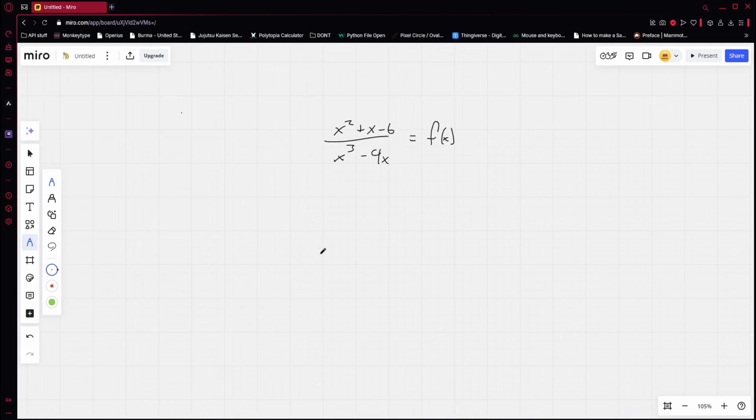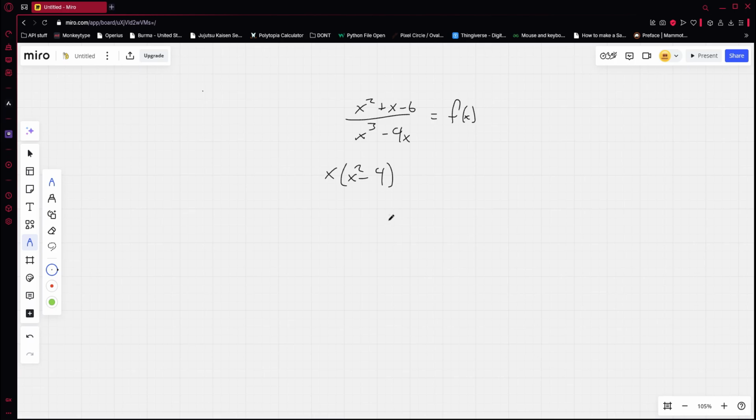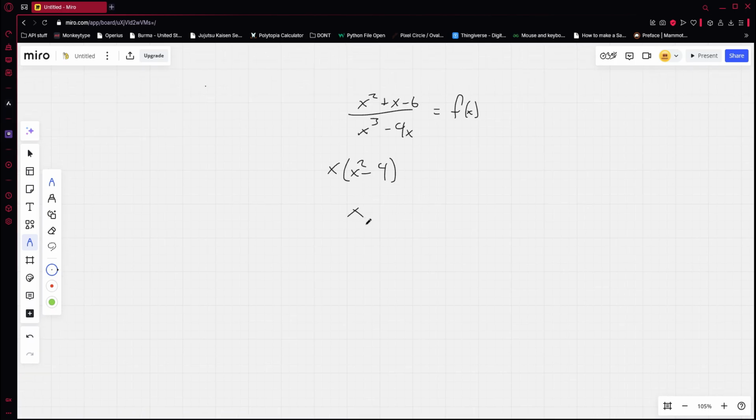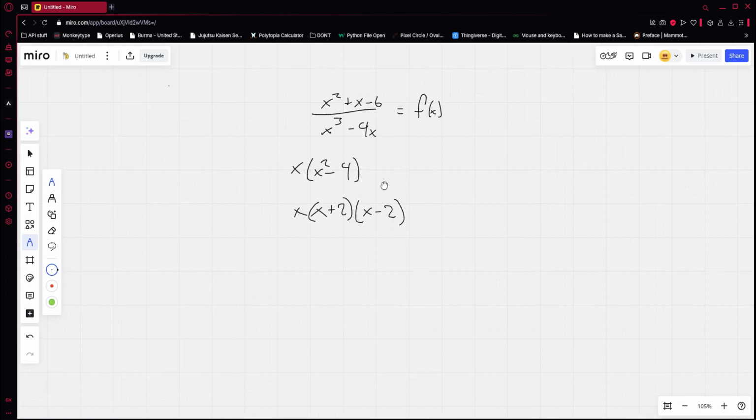If we take this bottom one, immediately it can be x times x squared minus 4. And then from there we can factor x squared minus 4. Difference of squares: x plus 2, x minus 2, x. So that's our denominator factored.